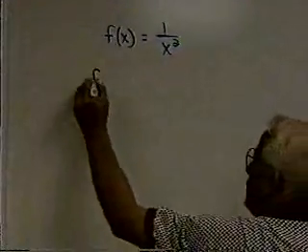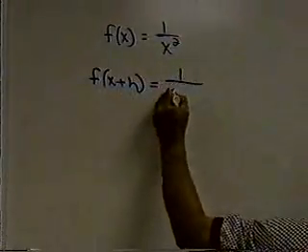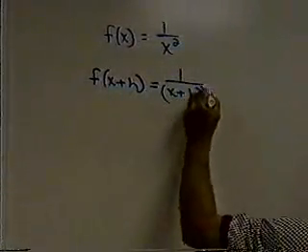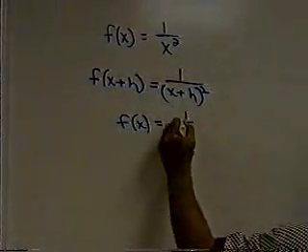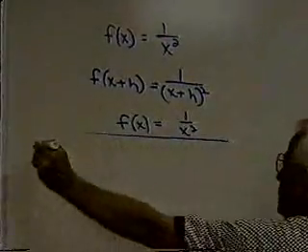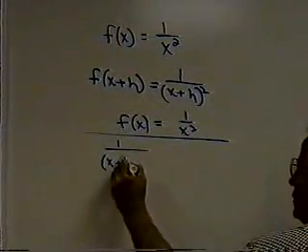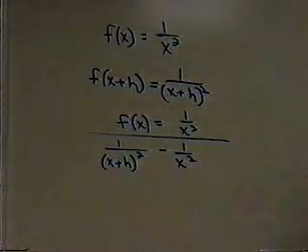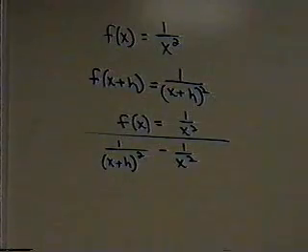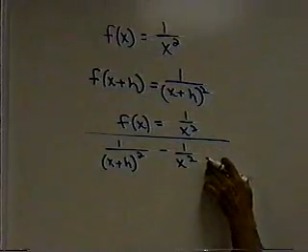Step 1 is f of x. So I come over here and replace this with x plus h. Then I come down here and put this, and I subtract it. So then that's 1 over x plus h squared minus 1 over x squared. So we have step 1, subtract them, step 2.